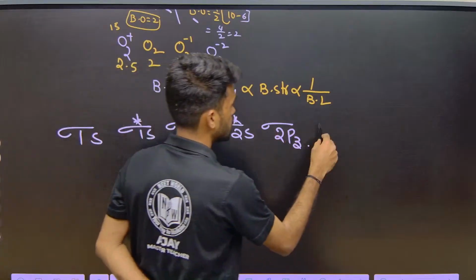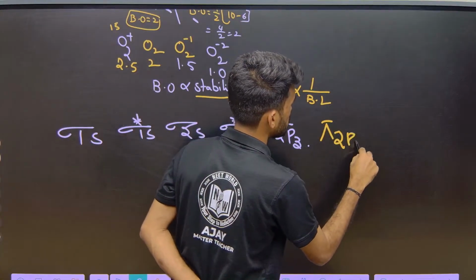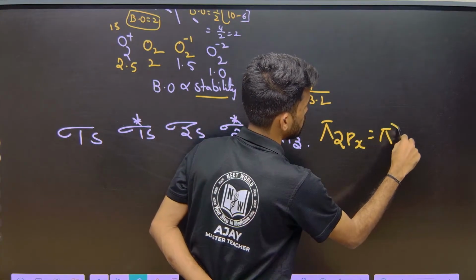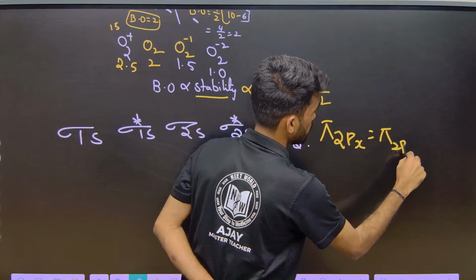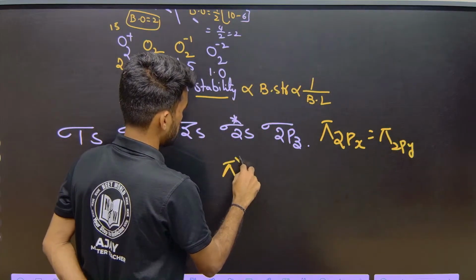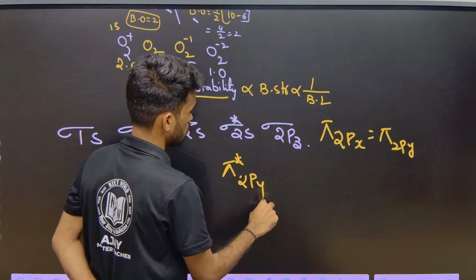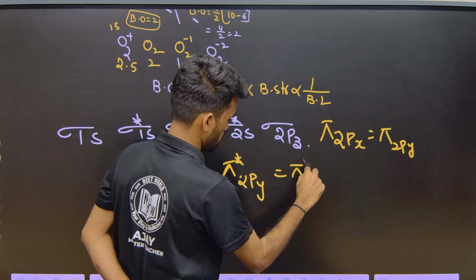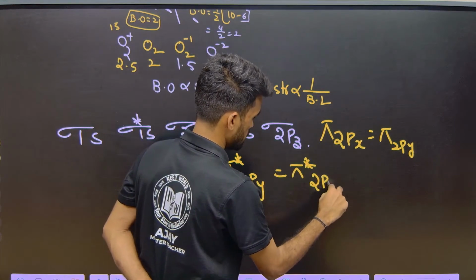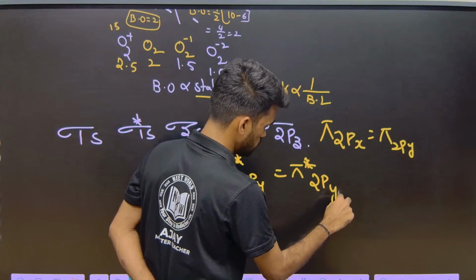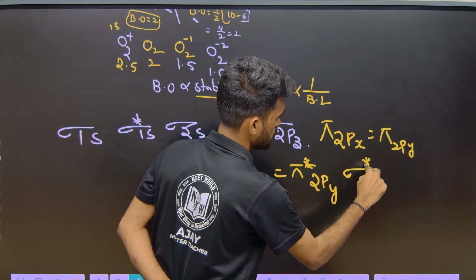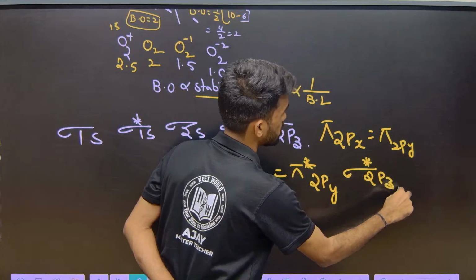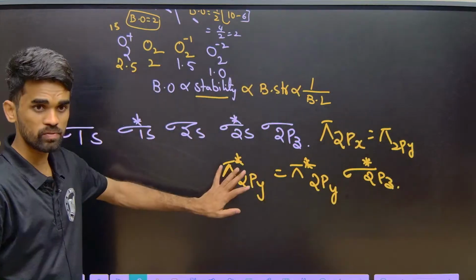Next after this, pi 2px, pi 2py, pi star 2px equals pi star 2py, and then sigma star 2pz. This is what we have written.